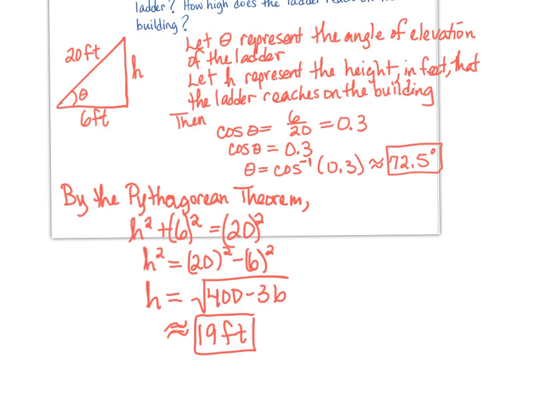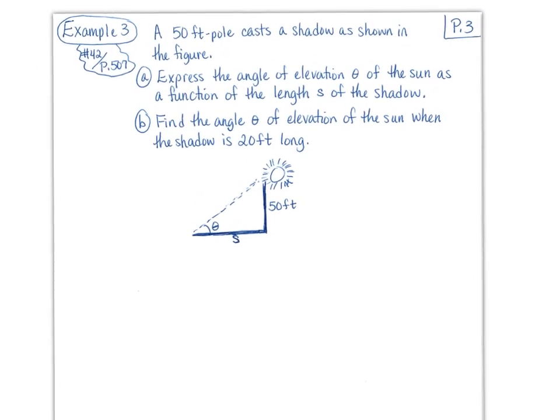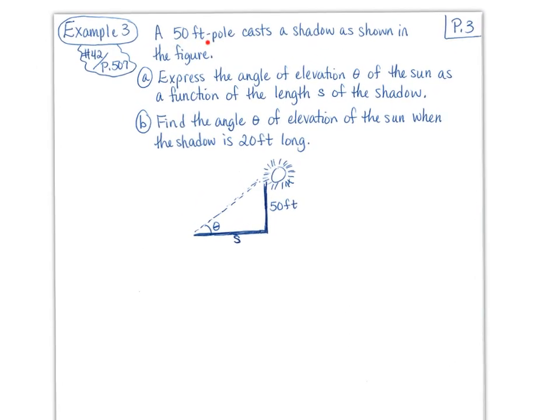Okay, so let's keep it moving. So now we just have lots of examples, right? Another example. Example 3. A 50-foot pole casts a shadow as shown in the figure. Okay, so here you are. This is what you have.